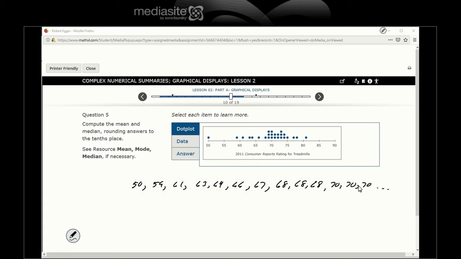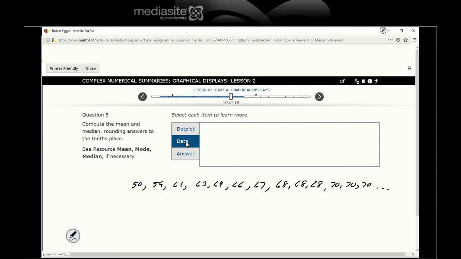So why don't you go do that? Hopefully you've done that, and choose something like this for all your data.